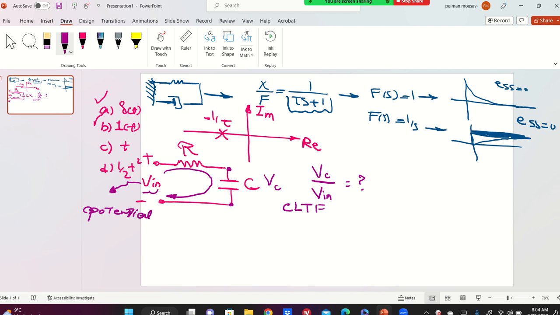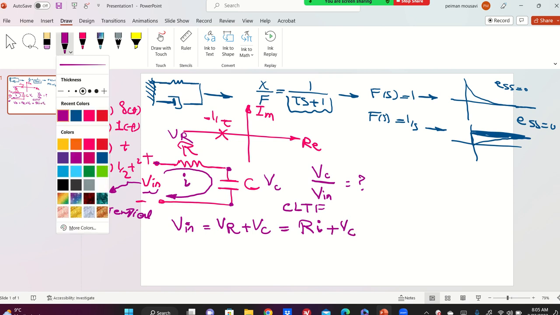Kirchhoff voltage law. So we know that V in equals the voltage across the resistor, VR, plus VC, right? So what we know from Ohm's law from high school is that VR for the resistor is R I, resistance times the current circulating in the circuit, plus VC.